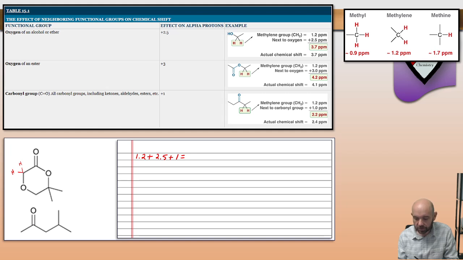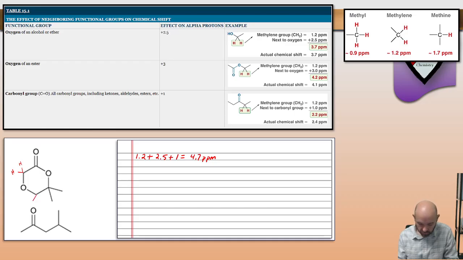So I would expect that to have a chemical shift of 1.2 plus 2.5, 3.7, 4.7 parts per million for the signal given for that pair of protons that we have identified there.